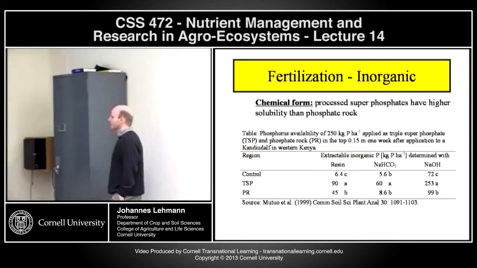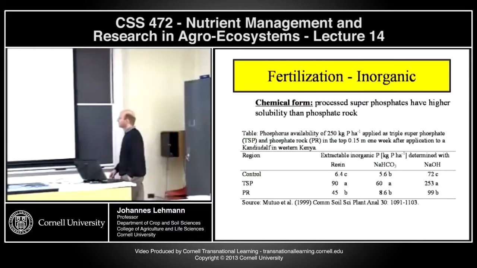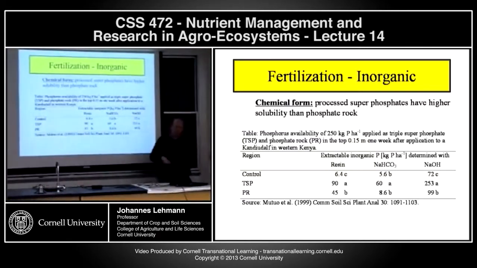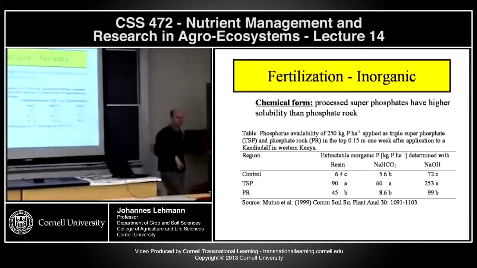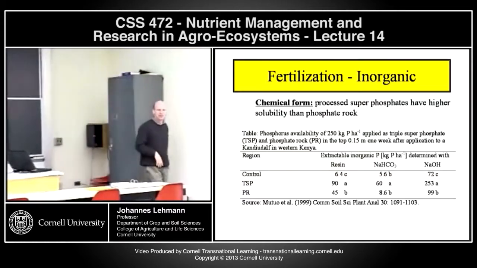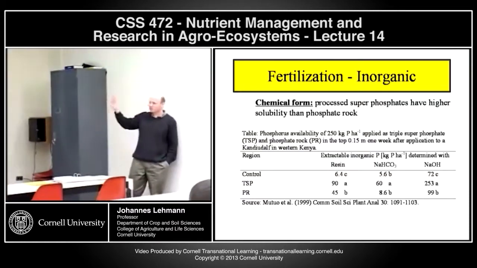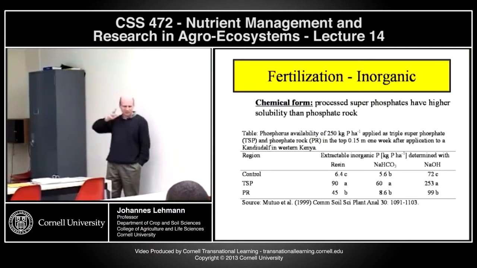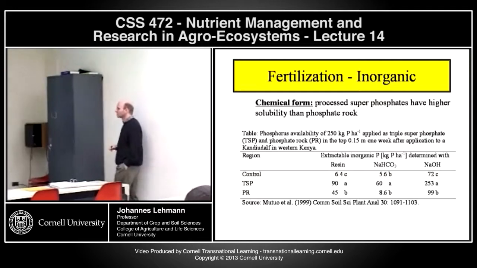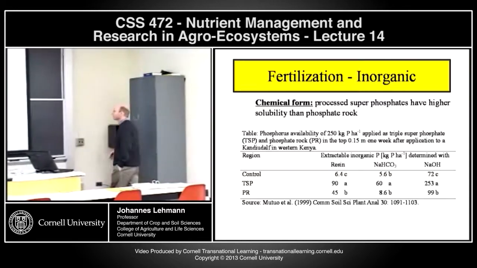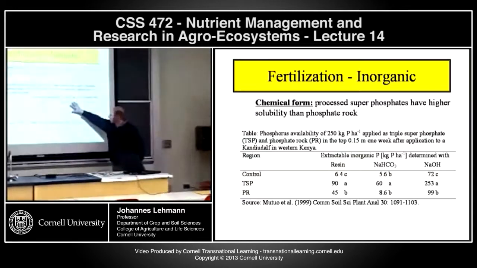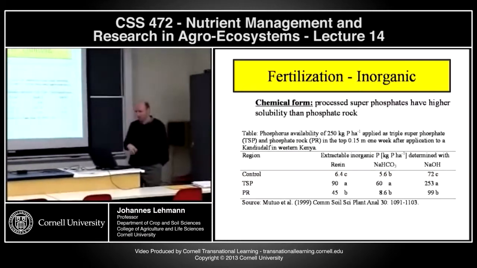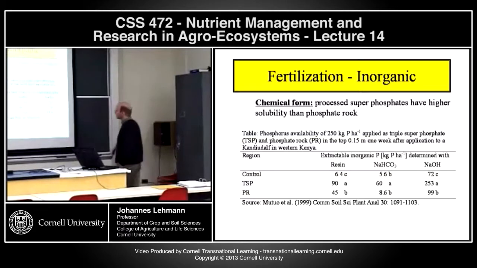It's like you said, it's extracting the available pool, probably a little bit more of the adsorbed phosphates than the resin would. So whereas the resin probably takes up in most soils, depending on how exactly you do the extraction, mostly the solution phosphorus, the bicarbonate would probably also extract and desorb some of the adsorbed pool.